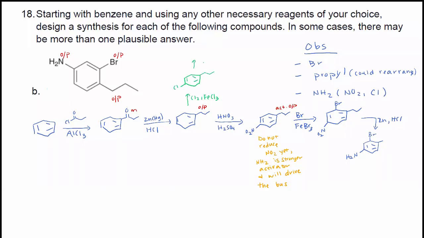And then do the NaNH2. Well, you would add the bromine first. And then NaNH2.